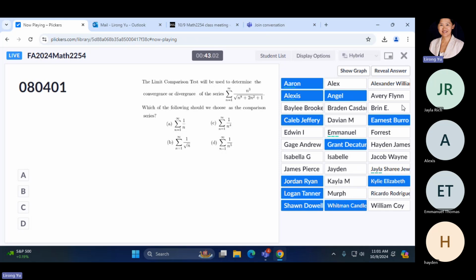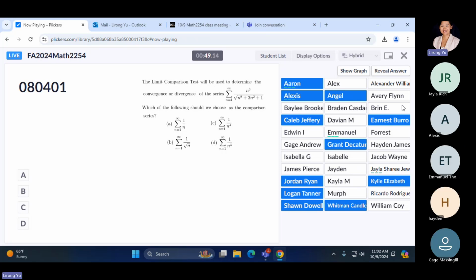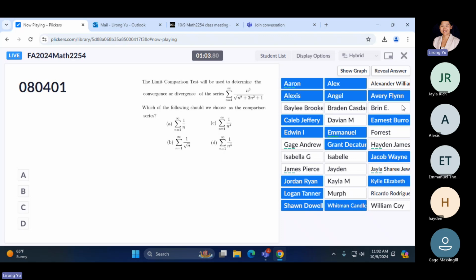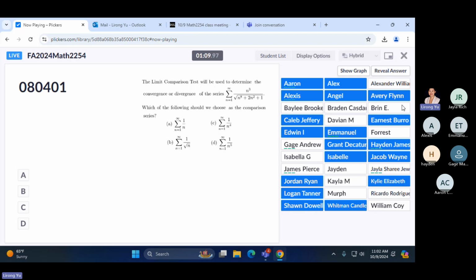That's 1 over n. That's what it should be compared to, and that's how we know it's divergent. And when you had it wrong, it's 1 over n.